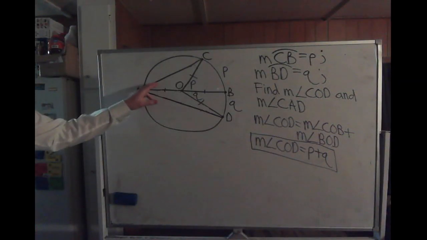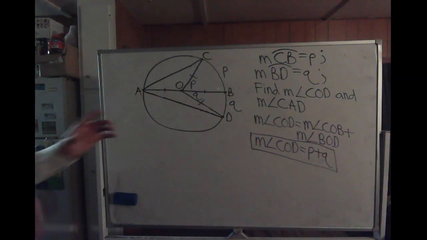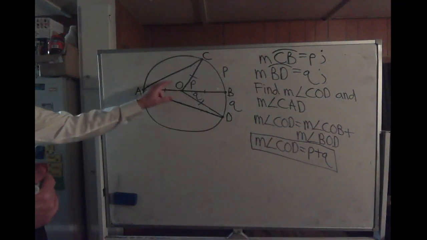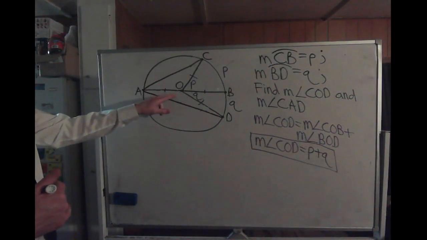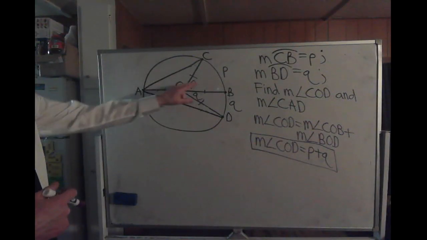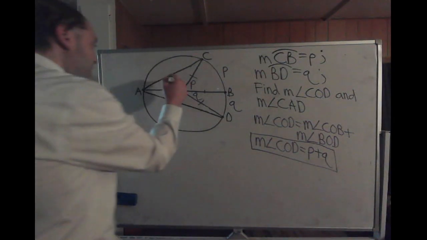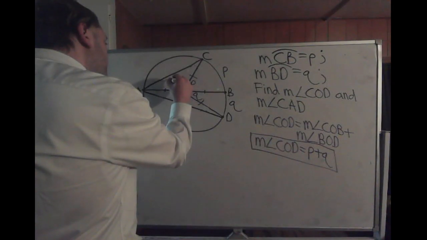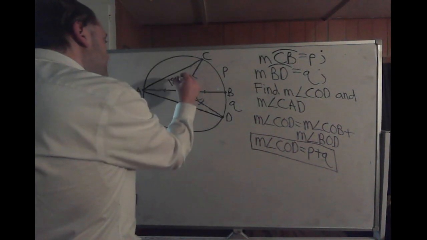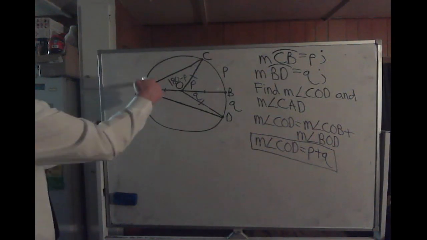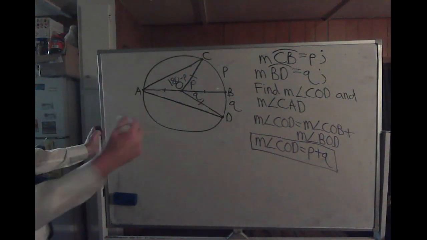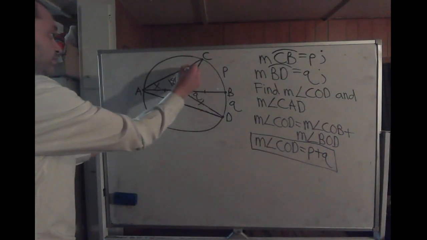Now we got to find the measure of angle CAD. Well, again, we have supplementary angles here, right? We want to find the measure of angle COA before we go anywhere. To do that, you just take 180 minus P, and that's what you'll get. The measure of angle COA is 180 minus P, which then means you have two congruent angles here. We need to find angle CAD. We'll call these missing angles X again.